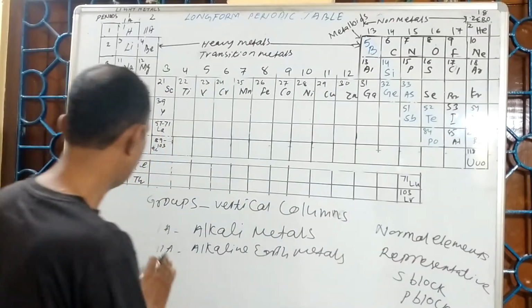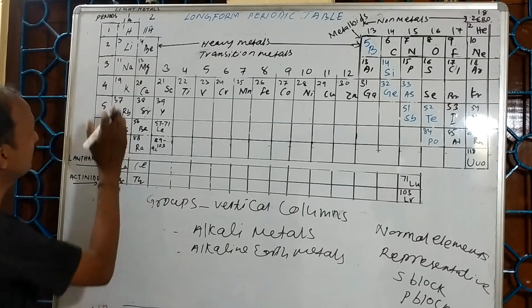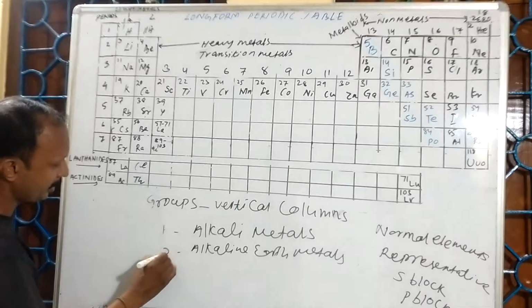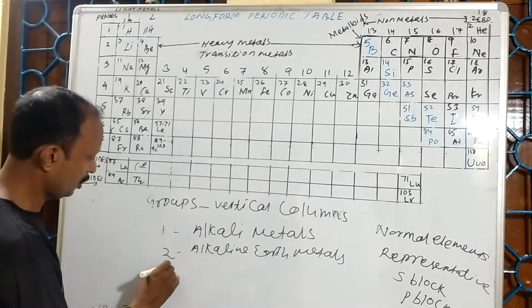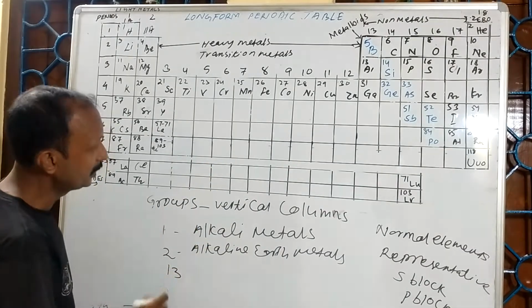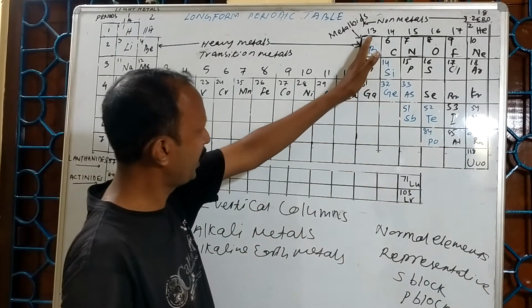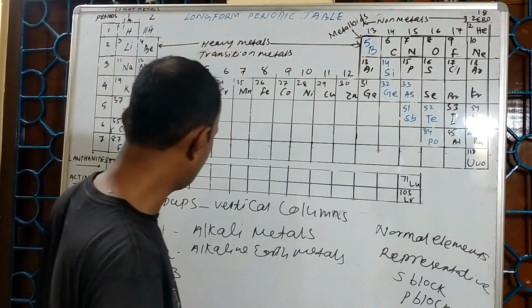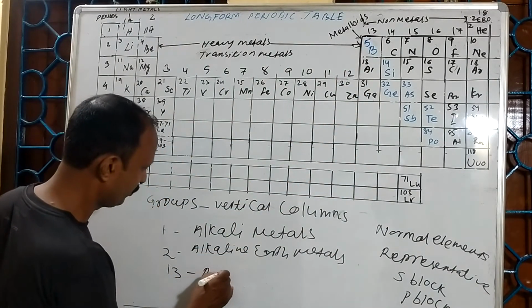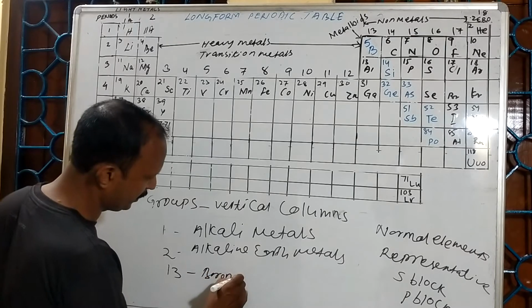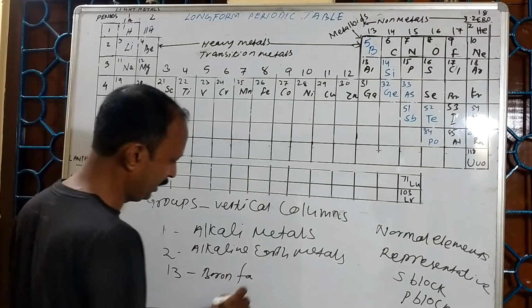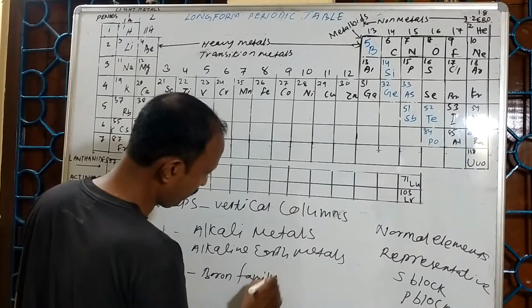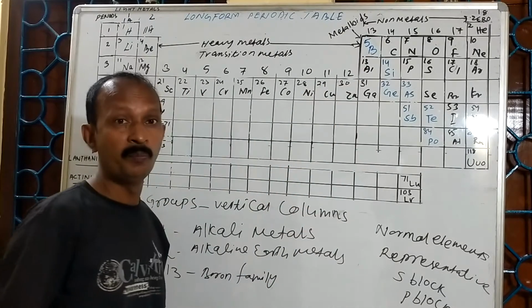Now we'll see, okay, the first A I have mentioned here group 1, here group 2. Now we'll see group 13. So group 13 is headed by the element boron. So this is the boron family. So the family name is there, named after the head of the family. So this family is led by boron.